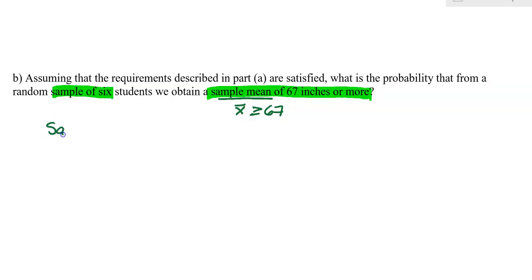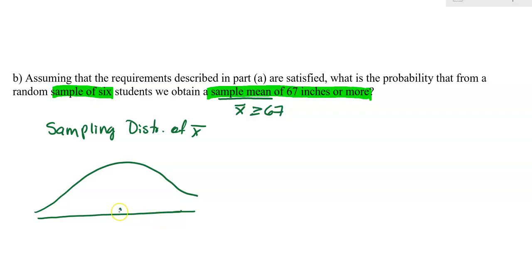Right. So the sampling distribution of x bar, we know it's normal, has a mean of 64, and has a standard deviation of x bar of 4.6 divided by the square root of n. So now the value of interest is 67 or more.